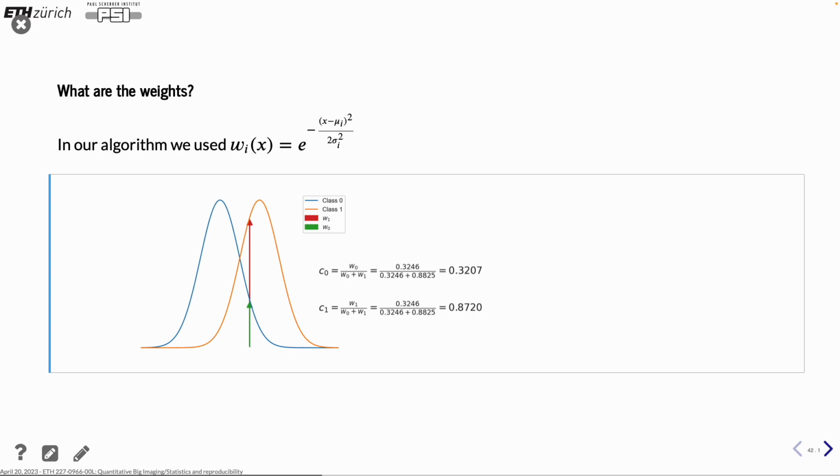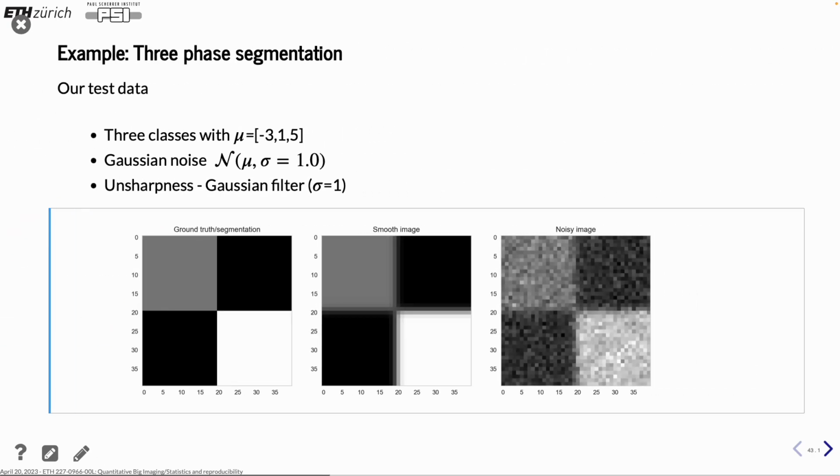And this now is something that I want to put into the image, do a segmentation. For that, I have 3 classes that I want to segment with different mu's. Each has a Gaussian noise with sigma 1. And to make it a little bit uglier, I give it a smooth version of that image before I added the noise.